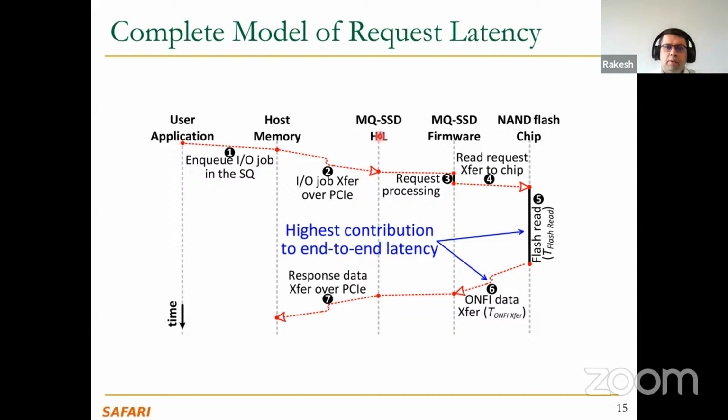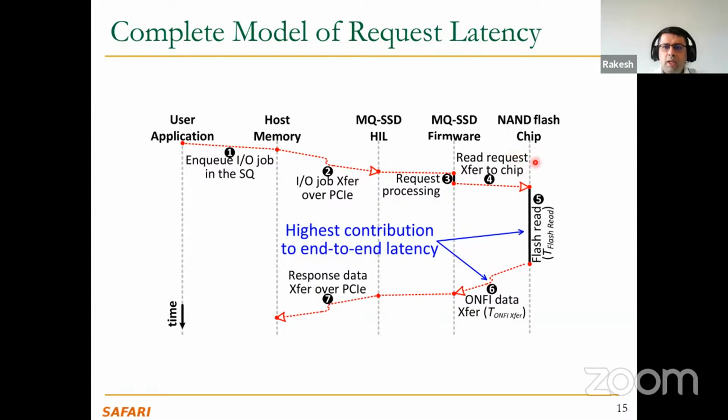From the queue in the host interface logic, a large request is broken down into smaller requests and passed on to the SSD firmware, and the SSD firmware does the address translation, from logical address to physical address, and transfers the request to the NAND flash chip.